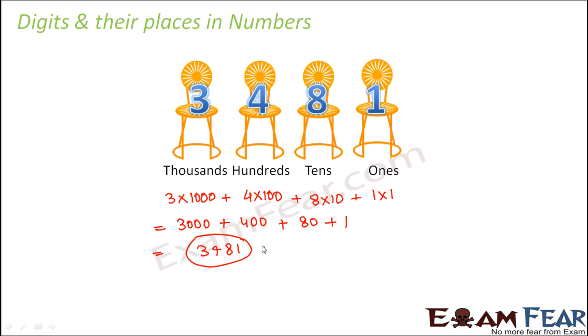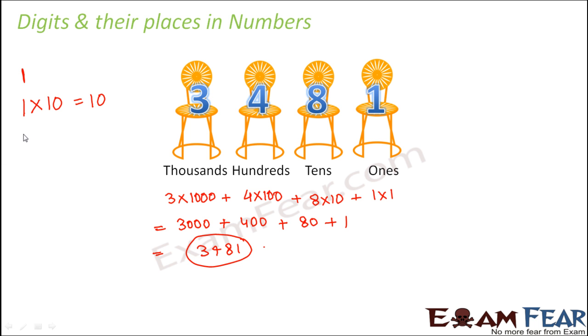Numbers are formed by digits. Digits are placed at certain positions, and each position has its own value. You start with the ones position, and as you move to the higher positions, you multiply by 10, so you get the tens position.